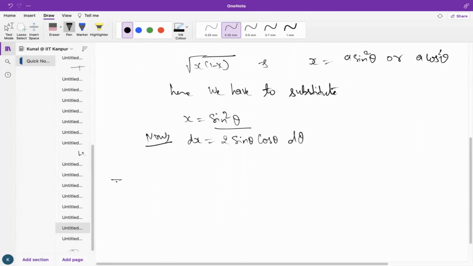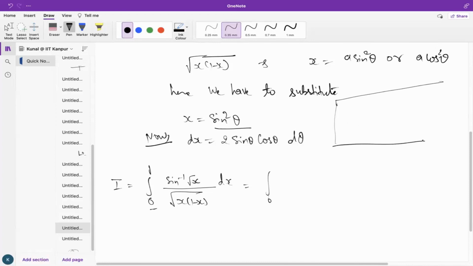Now let's move on to our given integrand, which looks like the integral from 0 to 1 of sine inverse of root x divided by root under x into 1 minus x, dx. When we substitute the value of each thing here, first our limits change.